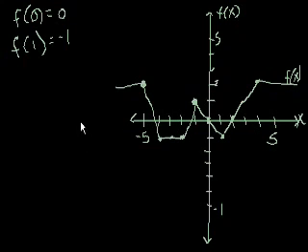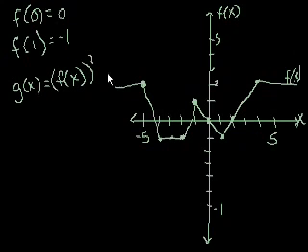So if that's the graph of f of x, let's say that we define g of x. G of x is equal to f of x squared minus f of x.